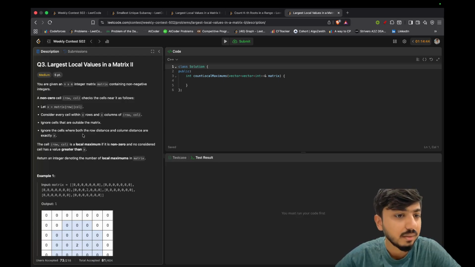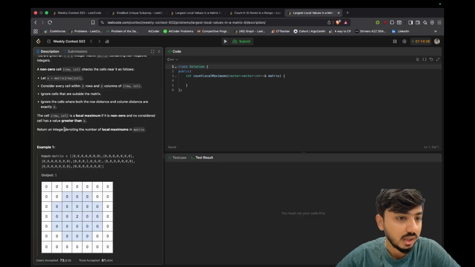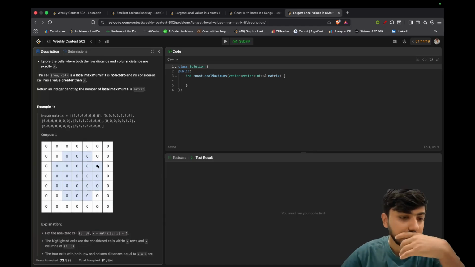Ignore the cells where both the row distance and column distance are exactly x. A cell (row, column) is a local maximum if it is non-zero and no considered cell has a value greater than x. Return an integer denoting the number of local maxima in the matrix. Okay, that means 2, 1, 2, 1, 2.